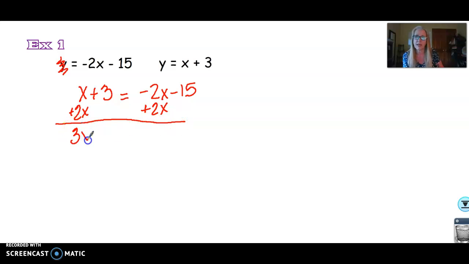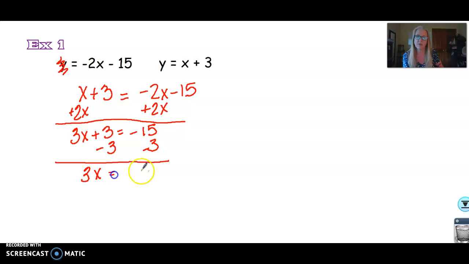That will give me 3x plus 3 equals -15. Okay. Now to get x by itself, subtract 3 from both sides, and I will get 3x equals -18. And then I will divide both sides by 3, and I get that x is -6.